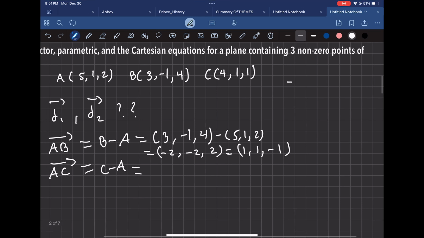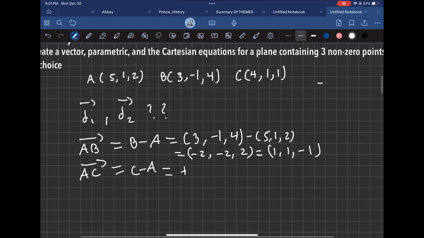And we do the same thing for C minus A. So 4, 1, 1, minus 5, 1, 2. 4 minus 5 is -1. 1 minus 1, 0. And 1 minus 2, -1.